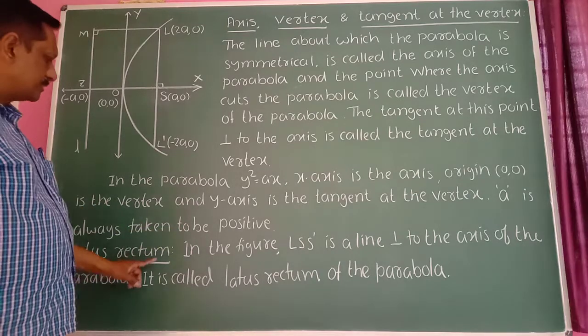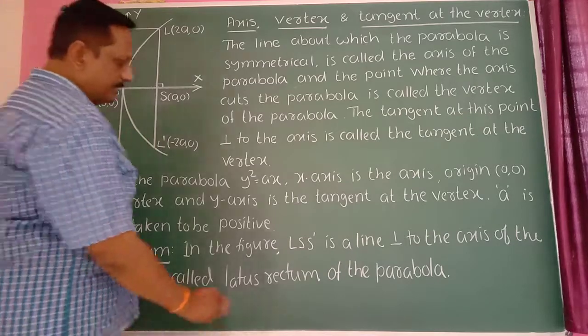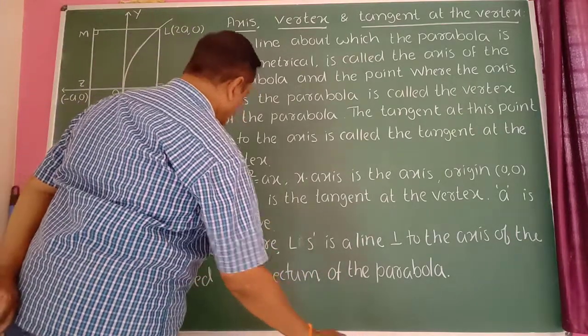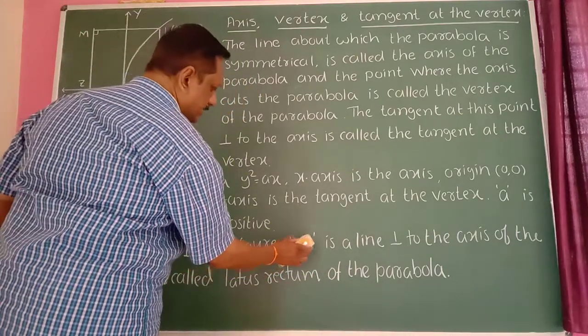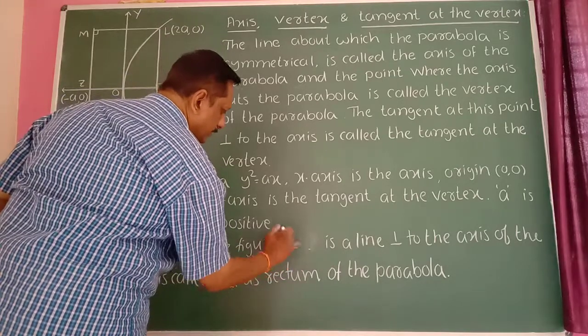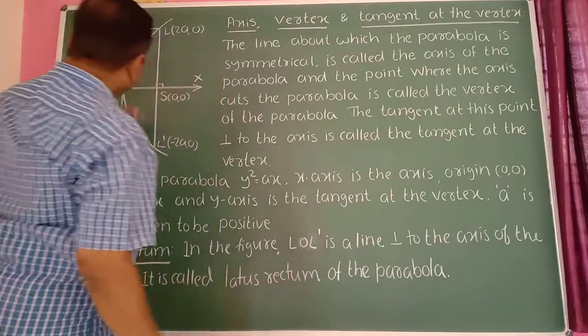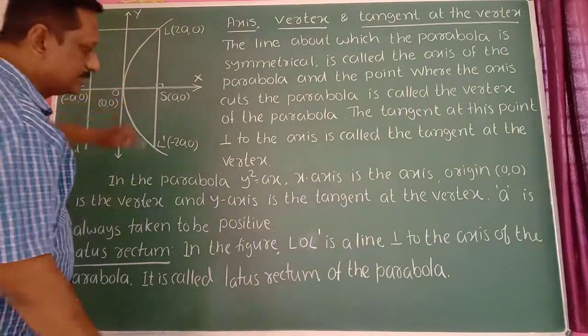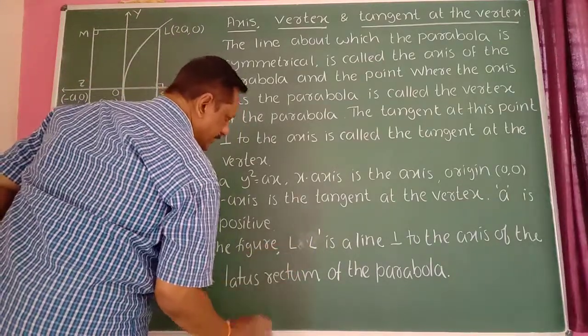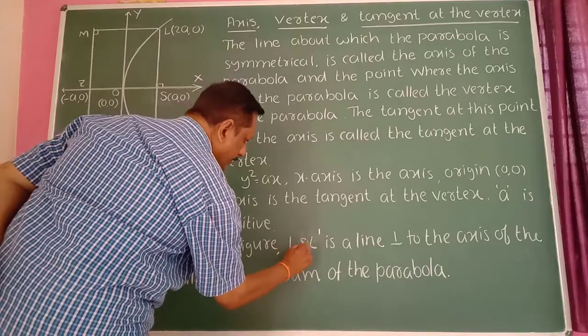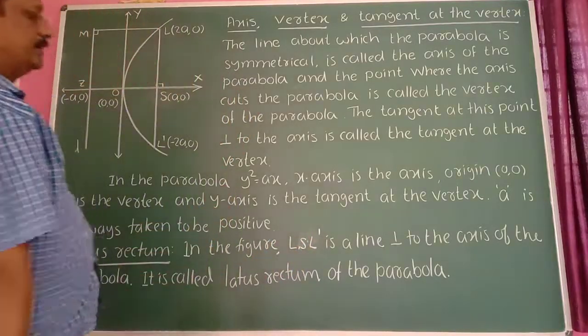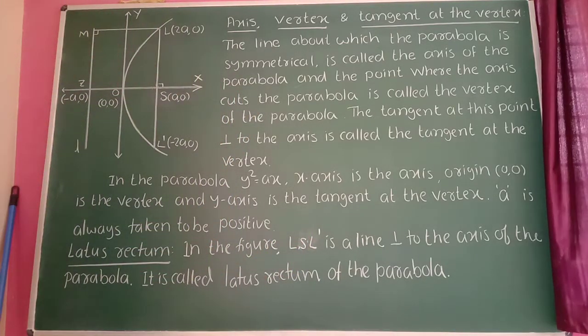Then let us set up in this diagram L S L dash. L S L dash is a line perpendicular to the axis of the parabola.